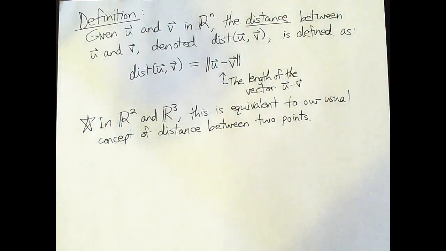Everything we're talking about when we say length and distance, we're really talking about distance in the Euclidean sense. If you take a class in modern geometry, you might learn about other types of distances and other types of norms. But everything we're doing here is Euclidean geometry.